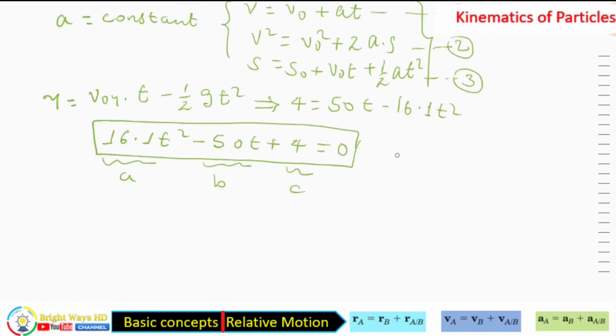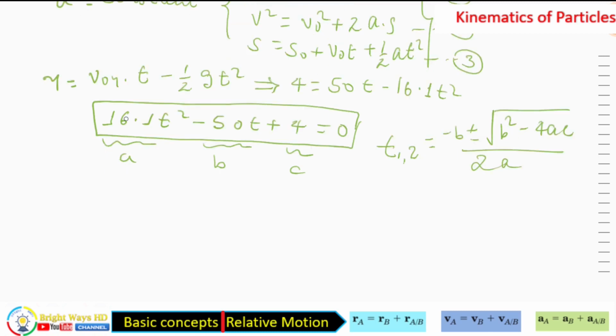And then we know that t1 and t2 is equal to minus b plus or minus the square root of b squared minus 4ac over 2a. We know that the value of a is 16.1, the value of b is minus 50, and the value of c is 4.